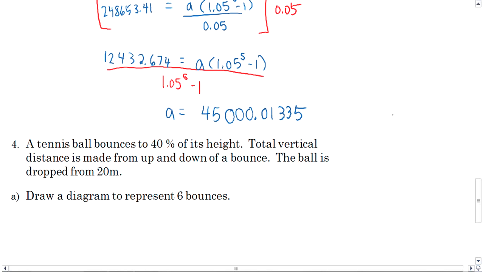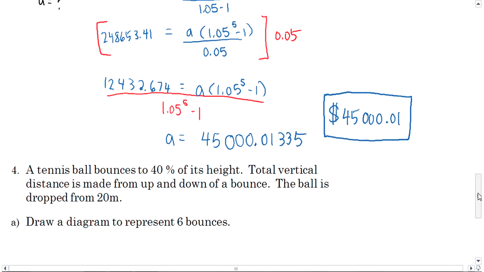Now remember, because we're dealing with money and salary, this is actually in dollars. 45,000, 3 zeros, and 1 cent. Just because. Must be a very superb employee to get that extra 1 cent. So $45,000 and 1 cent was the starting salary.